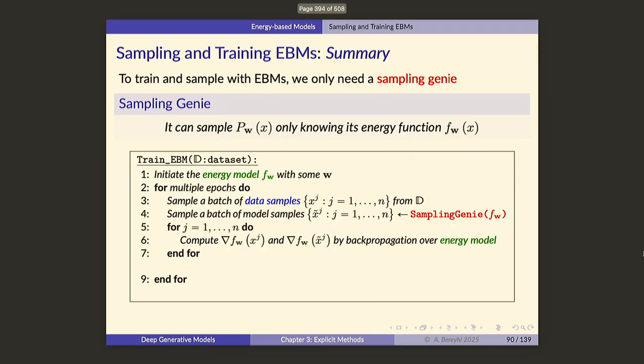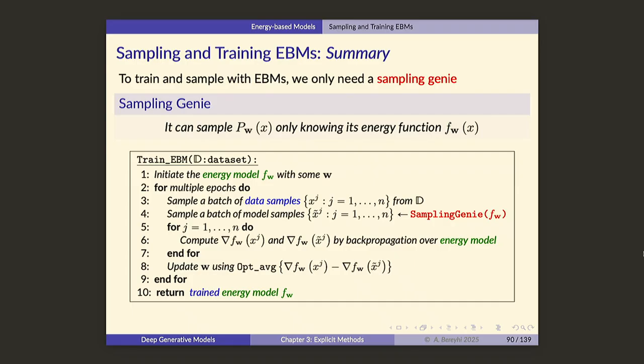I basically go inside the loop and backpropagate over my energy model, once using my data sample, once using my model sample. And then I subtract them. This is going to be my gradient. So the gradient that I need is the subtraction of these two gradients, and I update my model W using that gradient, right? And I keep on doing this until my model converges. Everybody's clear? So having the sampling genie, I am over with the whole problem.